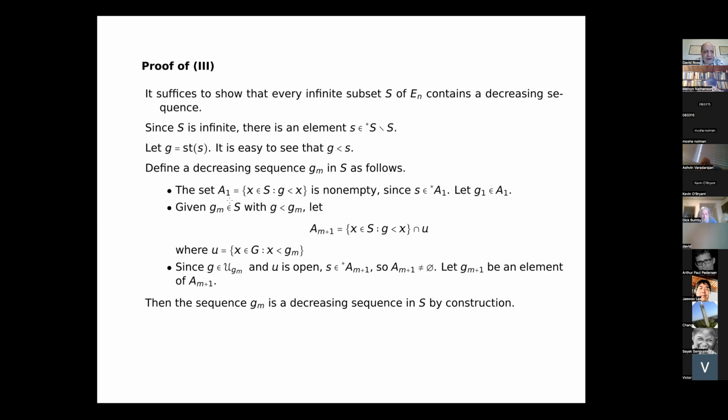So we know that star of A sub 1 is non-empty, and that means that A sub 1 has to be non-empty, so there's at least one element of A sub 1. We call that G sub 1.